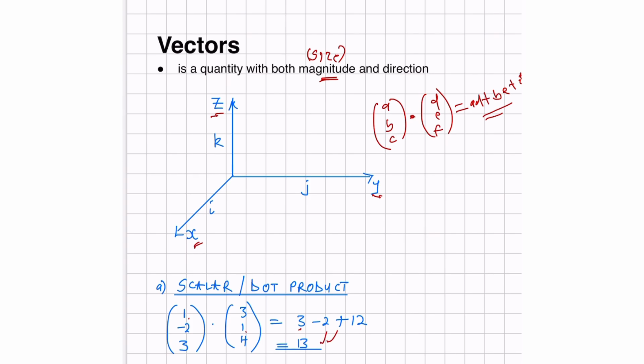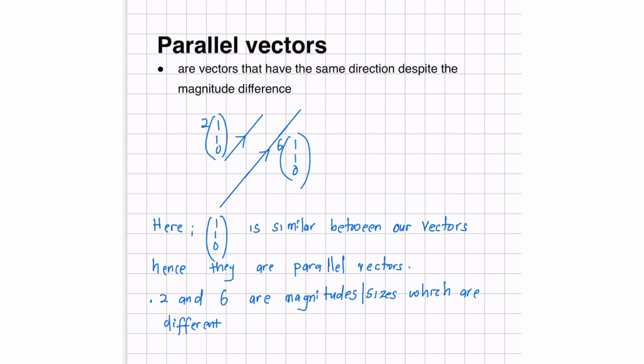From there, the second principle that you're going to look at is parallel vectors. So when something is parallel, it means that it's going in the same direction. So despite the magnitude, the direction is similar.